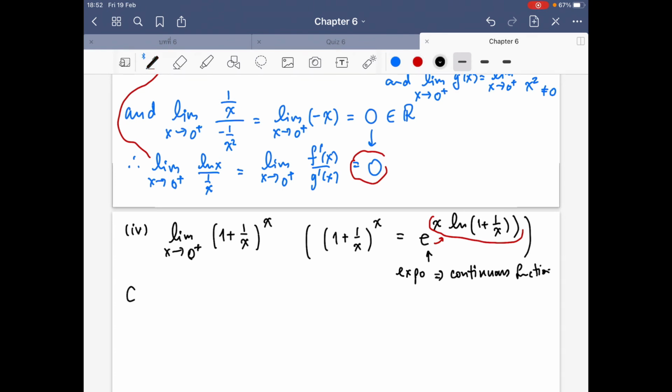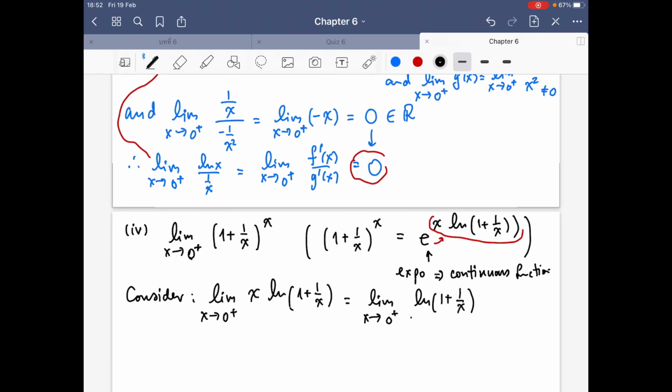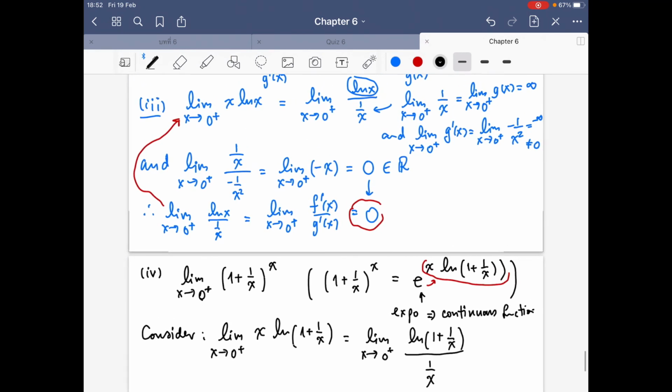So what we concentrate on, okay, is this limit as x goes to 0 from the right of x log of 1 plus 1 over x. Okay, again this one is not in terms of a fraction, so you are going to rewrite your f like that over your g like 1 over x. Okay, so you use the same argument over here that the limit of your g is infinity, and the limit of g prime is not 0.